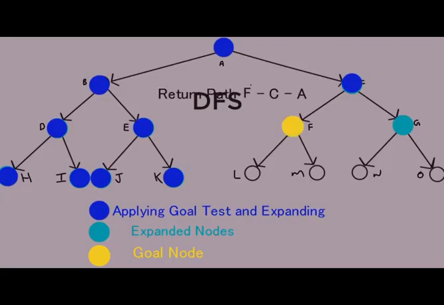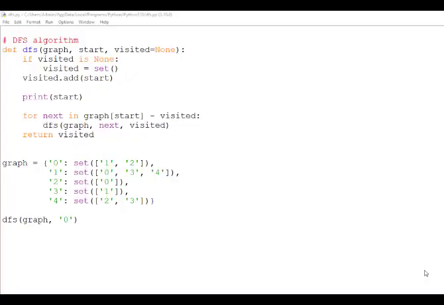Hi everyone, today we are going to see a very interesting algorithm, that is depth first search, DFS. The depth first search algorithm, students, is a recursive algorithm for searching all the vertices of a graph or tree data structure. Traversal means, as we all know, visiting all the nodes of a graph.